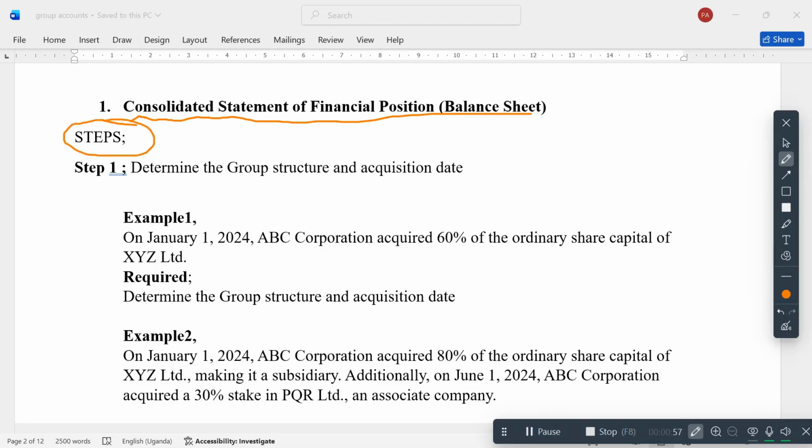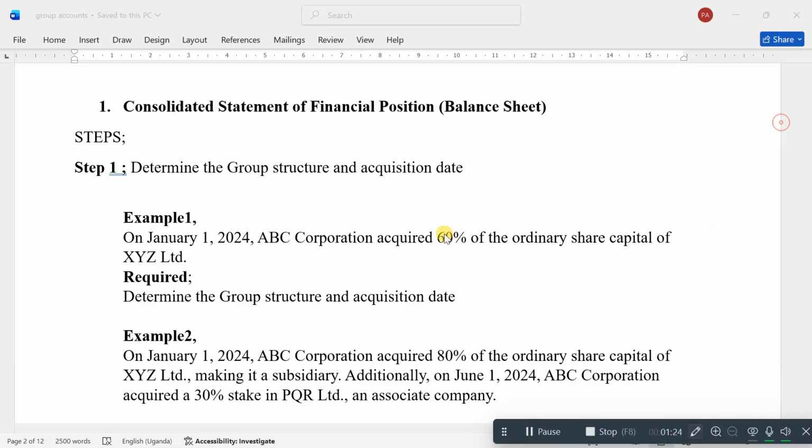I believe those who watched the part 1 video must be okay now when it comes to determining the group structure and acquisition date. I told you we must start by determining the group structure and acquisition date. If you missed that video, go to part 1, then you'll be able to watch step 1 and the sample examples we did.